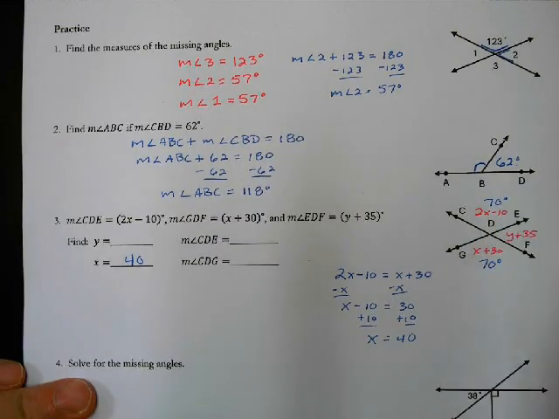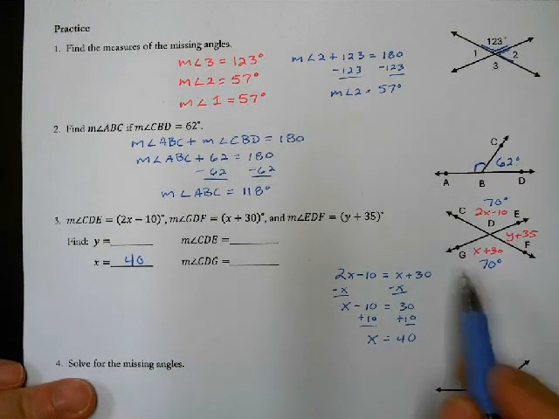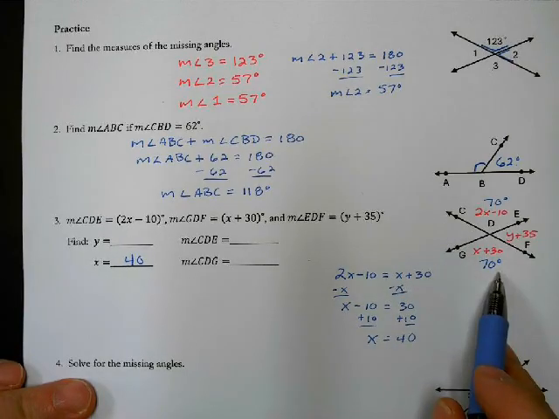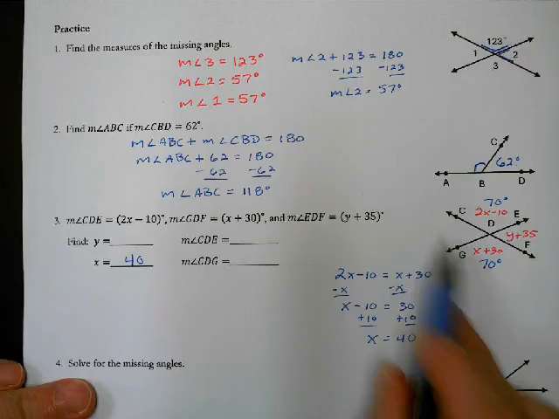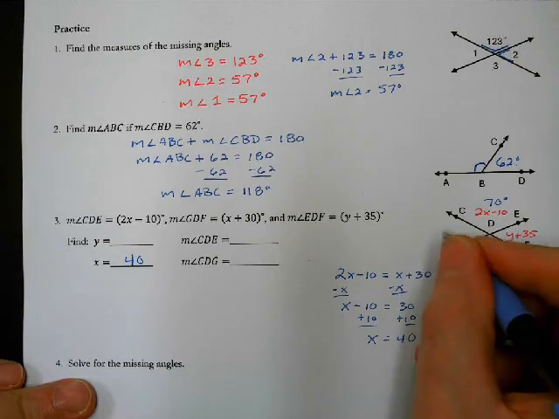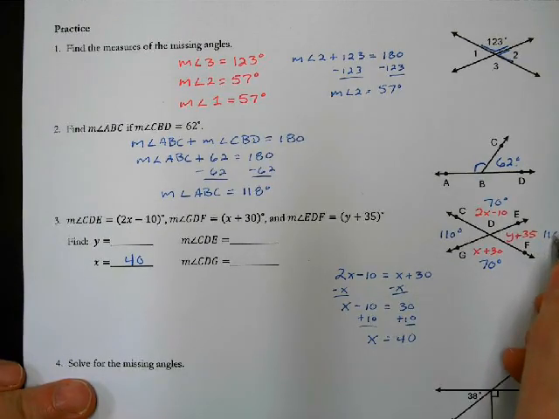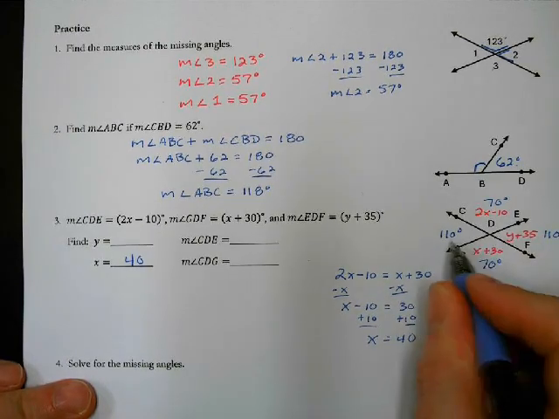Now I can work on the rest of this. But here's what I know, that these two angles here are linear pairs. They should be supplementary. So this angle should be 110. That means this angle over here should be 110 because these are vertical angles or linear pairs going this way.